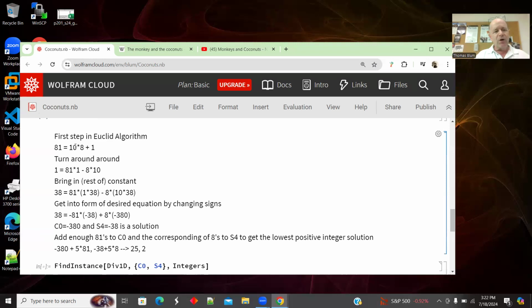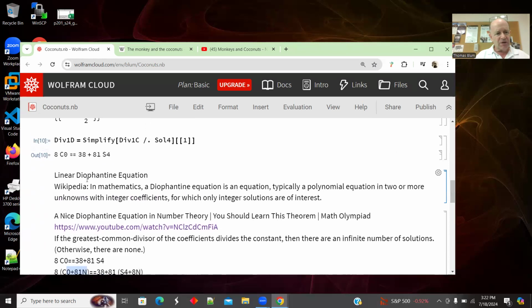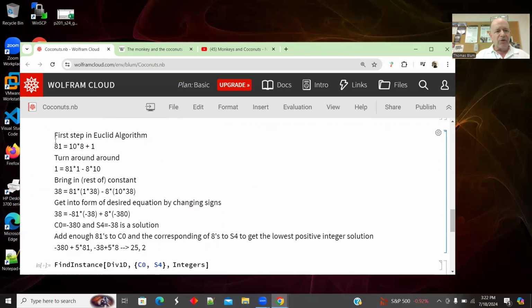You take the 81 and the 8, the coefficients of the equation, and you say that 81 is 10 times 8 plus a 1, and I'm already down to 1, and so that 1 then is the GCD. It doesn't always go that quickly, but it did in this case.